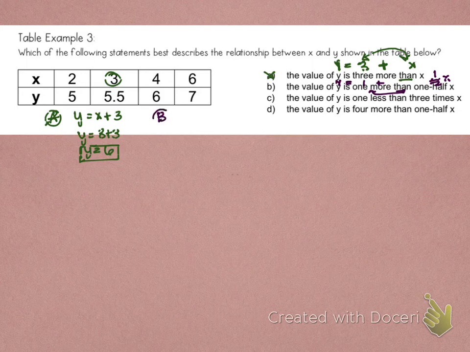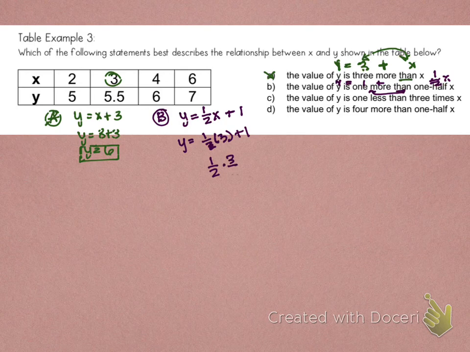So let's write that right here. B is y equals 1/2 x plus 1. Okay, so y equals, let's try that one that didn't work for A. So let's put 3 in for x. 1/2 times 3 plus 1. See, 1/2 times 3 over 1, 3 over 2.